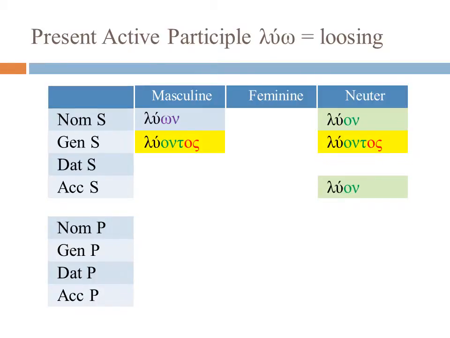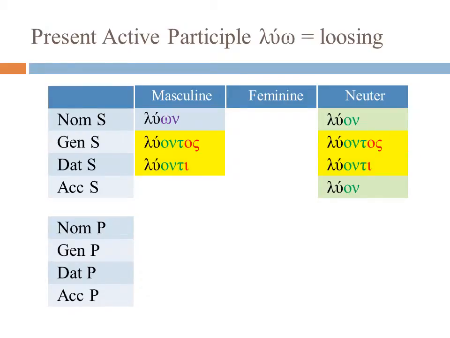So luontos is the same in the genitive in the masculine and neuter. So loosing or of loosing, for loosing. But the important thing is this adjective doesn't really have any meaning like for, of. This adjective is linked to a noun which has meaning, and it just goes along with whatever the noun has as meaning.